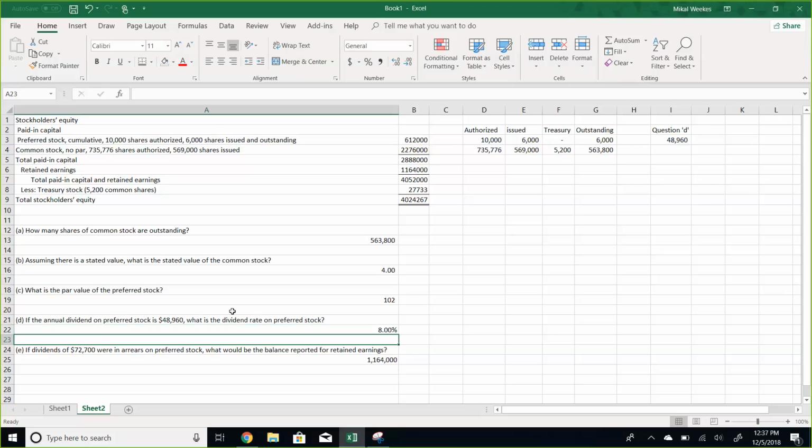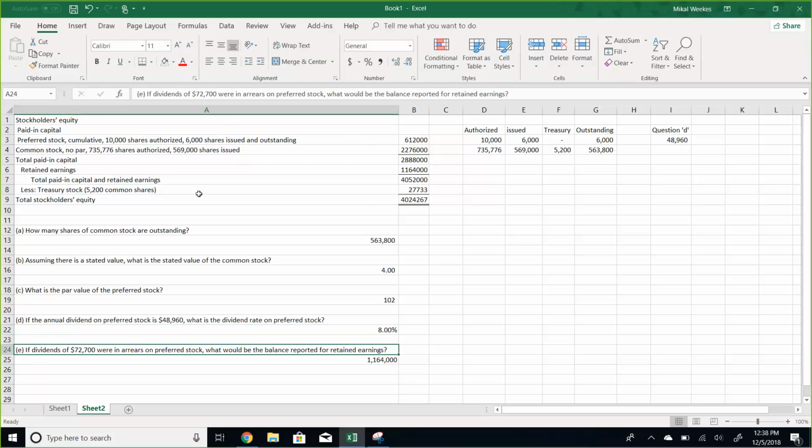And then lastly, for our last question here, this one is a little bit tricky until you figure out the context around it. If the dividends of $72,700 were in arrears on preferred stock, what would be the balance reported for retained earnings? Well, if you remember, when they gave us this information, this is what they had in the accounts as of December 31st.